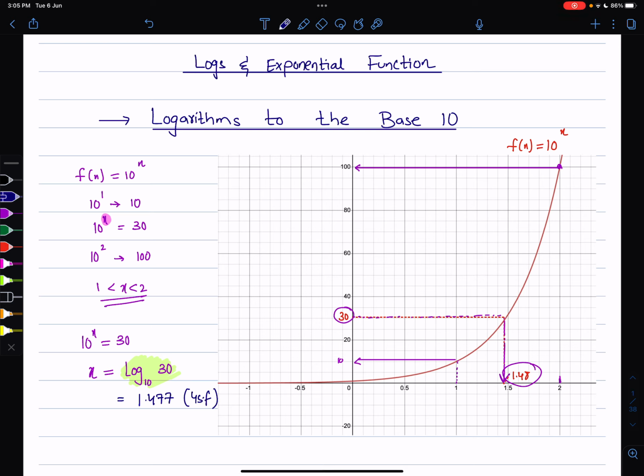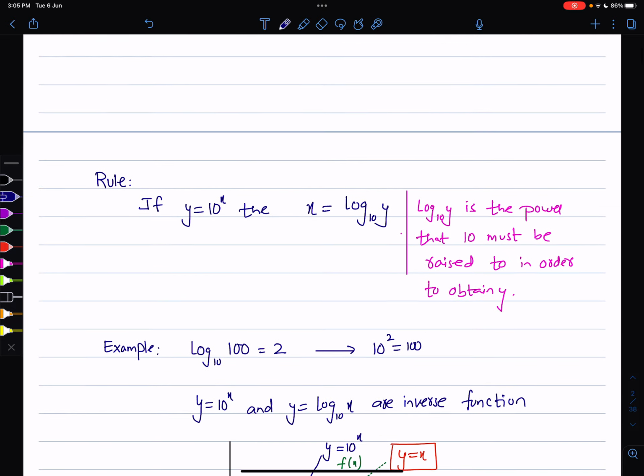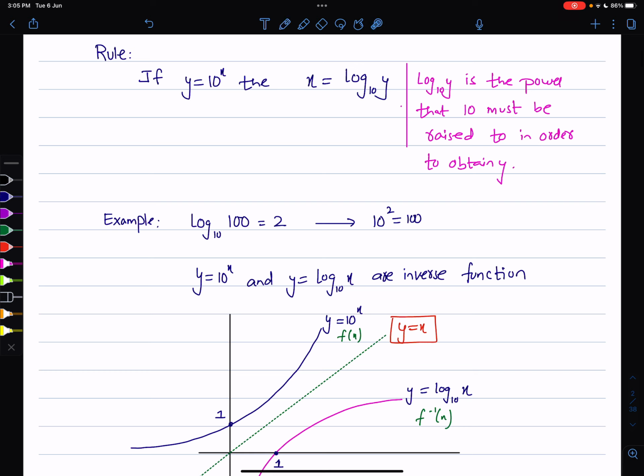So the rule is that if y is equal to 10 to the power of x, then x, the power, is equal to log to the base 10 of y. This can be read as log 10 of y is basically the power, since it's equal to x, which was the power.